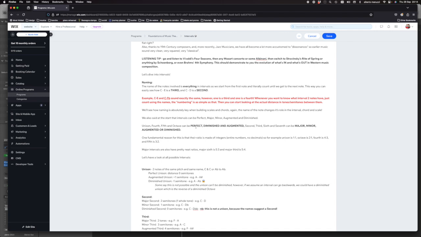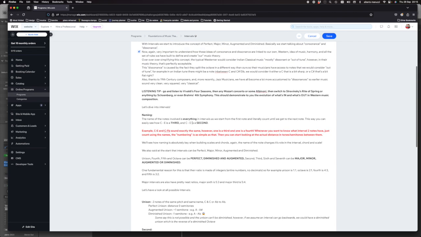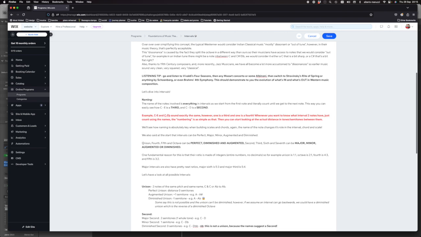Then we talked about octaves and intervals being perfect, major, minor, augmented, or diminished. Now, unison, fourth, fifth, and octave can be perfect, diminished, or augmented. Why are they called perfect?